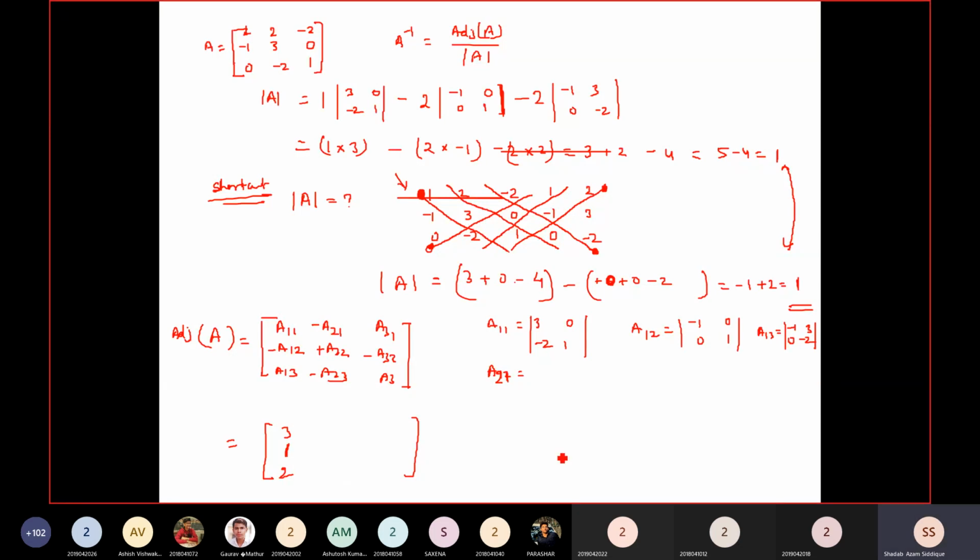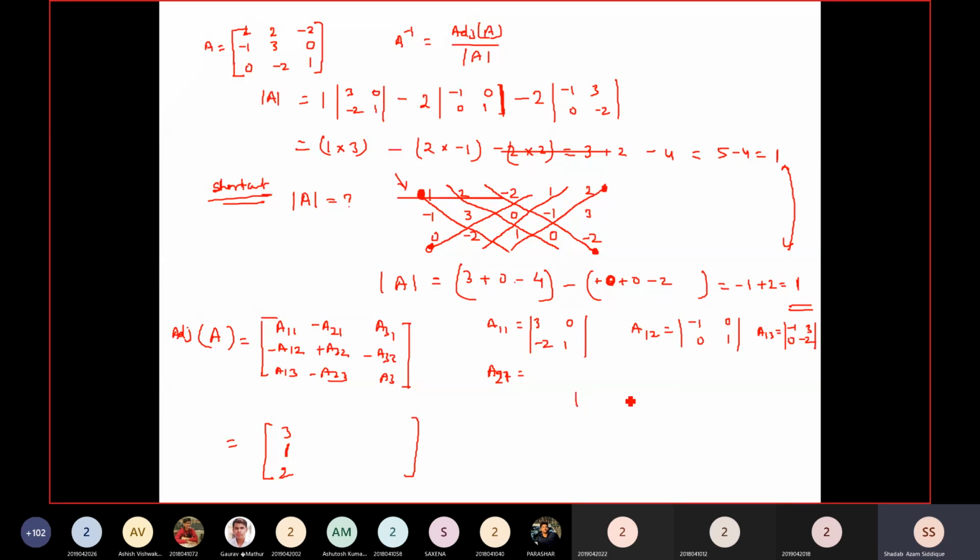Now try to use the shortcut. So how the shortcut says, you have all these elements which are given here. You take this element only, which we have found out using the determinant.